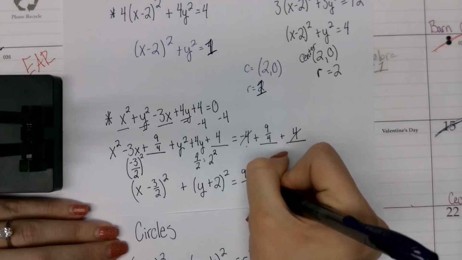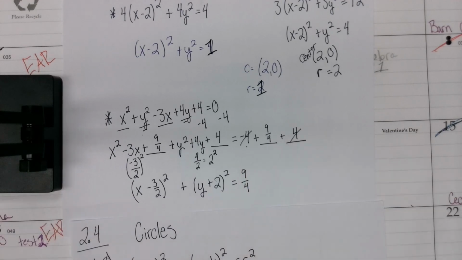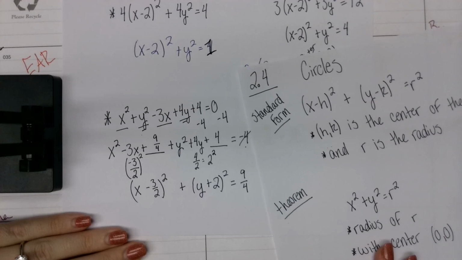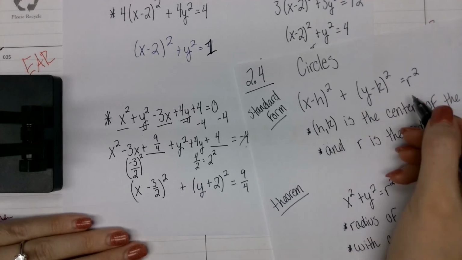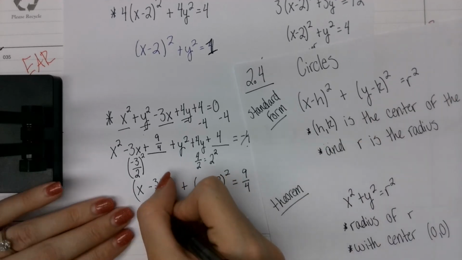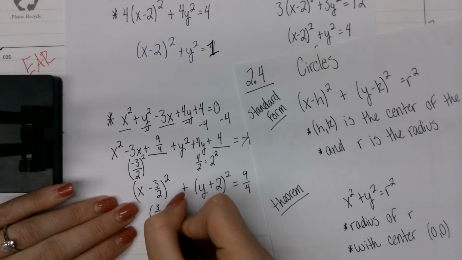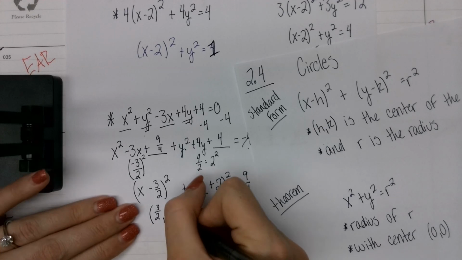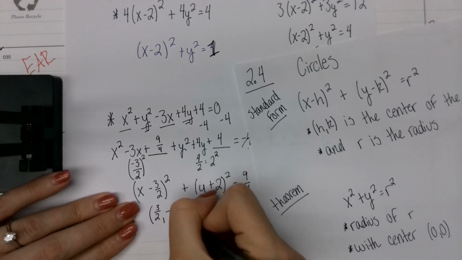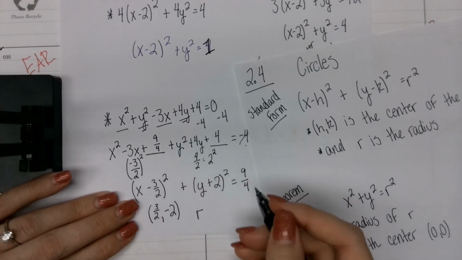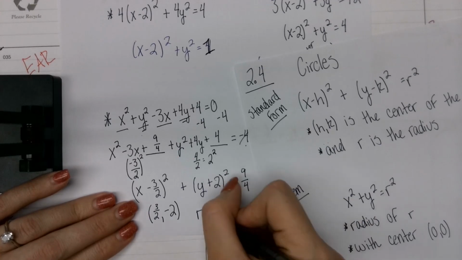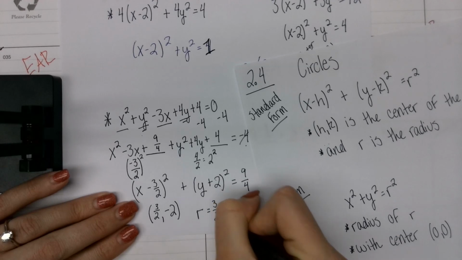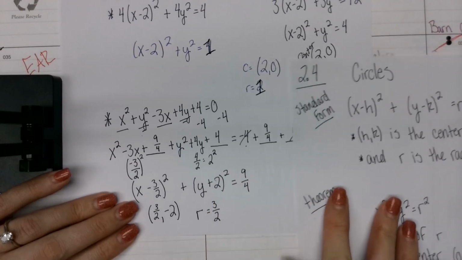I'd be left with 9/4. So now that is in the standard form of an equation. My center would be 3 halves, and then this is a positive 2, so this is going to be negative 2 here because it's opposite world in this. And our radius is the square root of 9/4, so the square root of 9 is 3, and the square root of 4 is 2. I'm going to stop on this video.